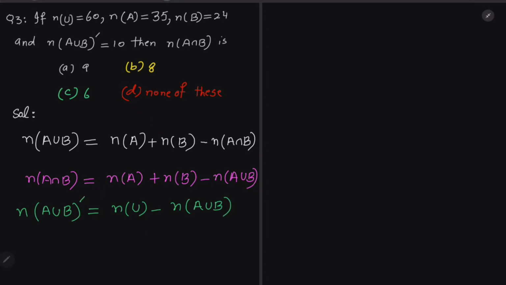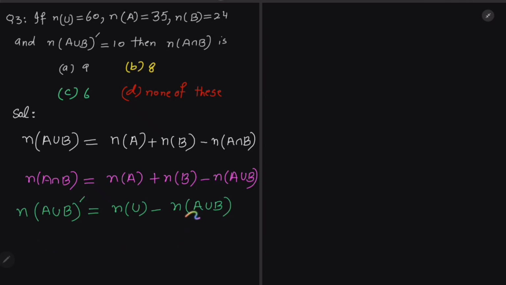As I already explained, when we have A dash, then we have U minus A. And if you want to find the number of elements, then you simply put n before these sets.